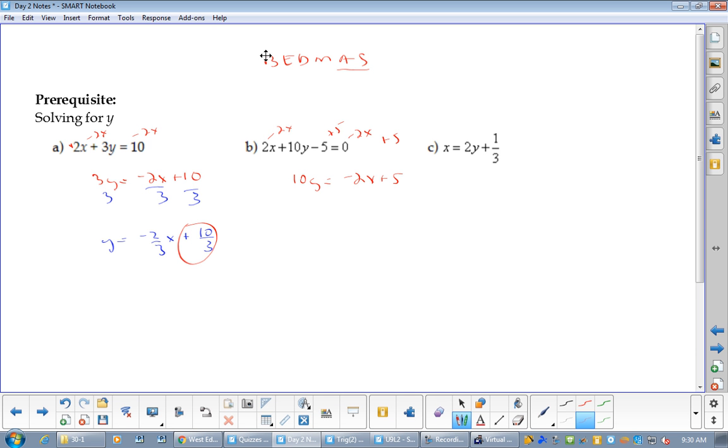Another thing I really had to answer a lot is students wanted to put this together and call that 3x. Can you do that? Why not though?